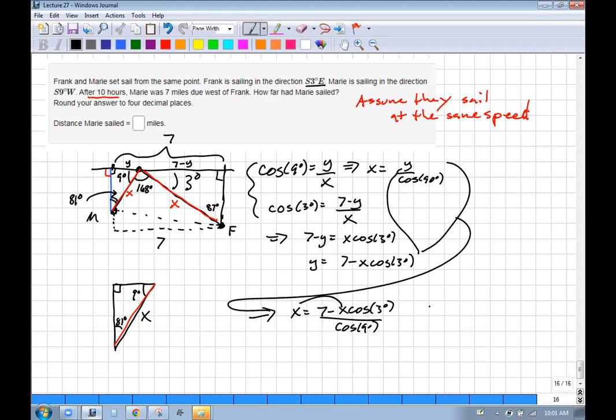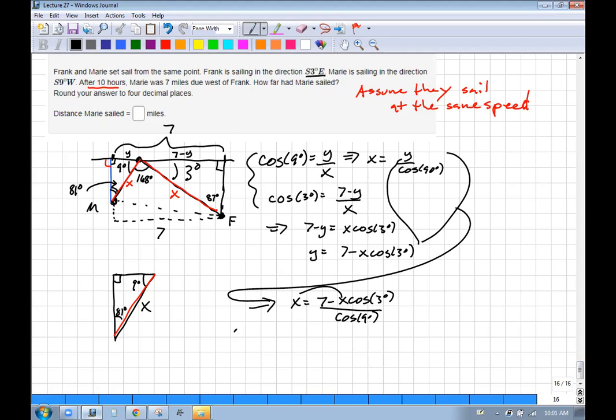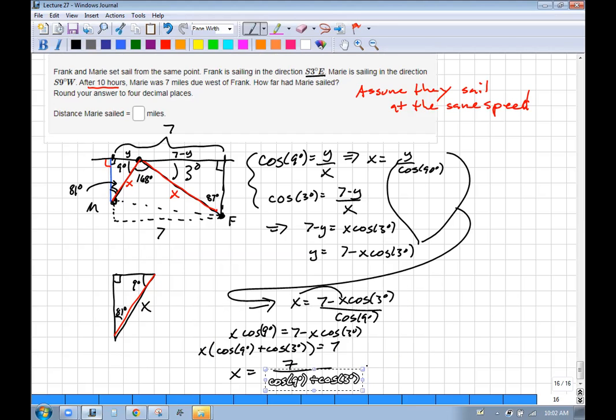I've got to get my x's together. So x cosine 9 equals 7 minus x cosine of 3. So x times cosine of 9 plus cosine of 3. I'm moving this to this side, factoring out the x. I'm left with 7. x is 7 divided by this stuff. That's what I'm getting for x.